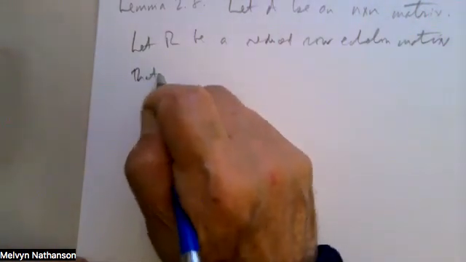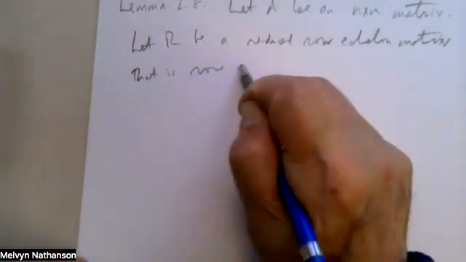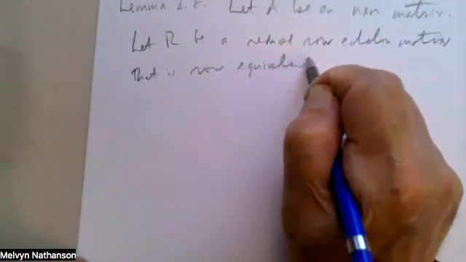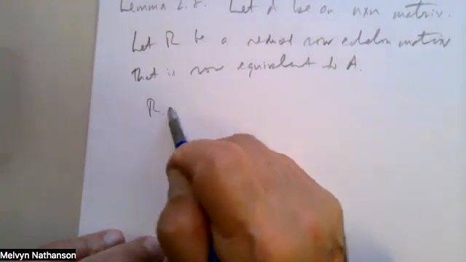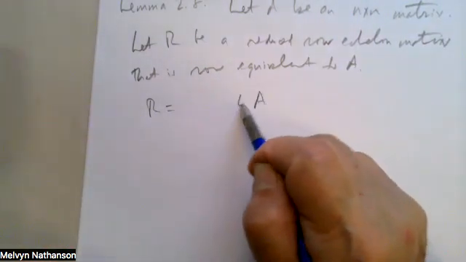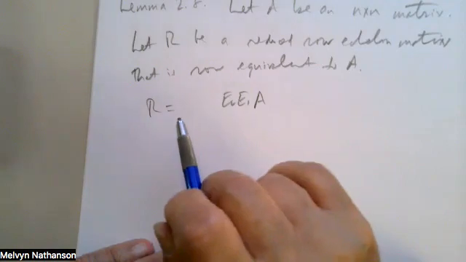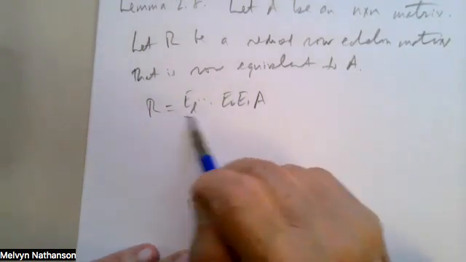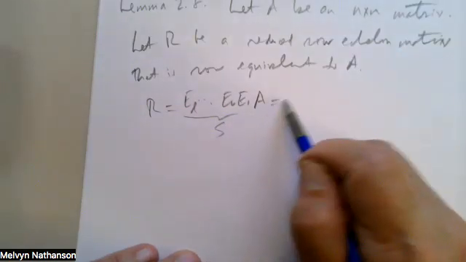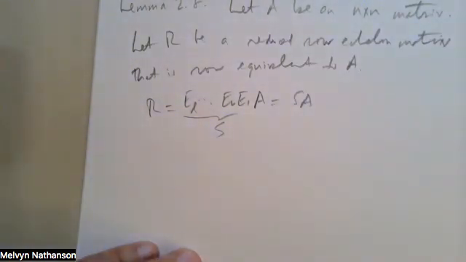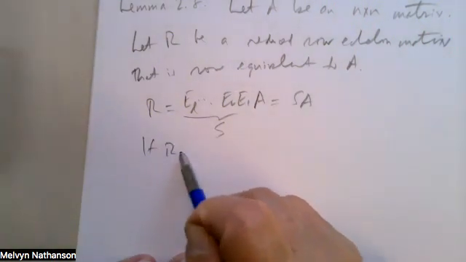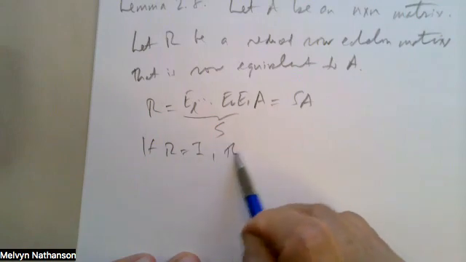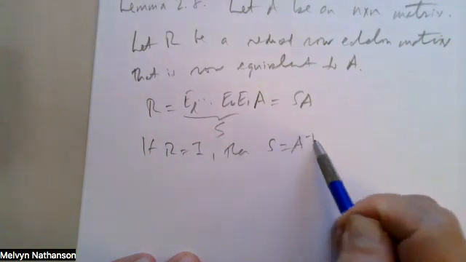So that is row equivalent to A. That means R is obtained from A by multiplying by, let's say, L elementary matrices. Let's call this matrix S. This is S times A. So if R is the identity, then S is A inverse.